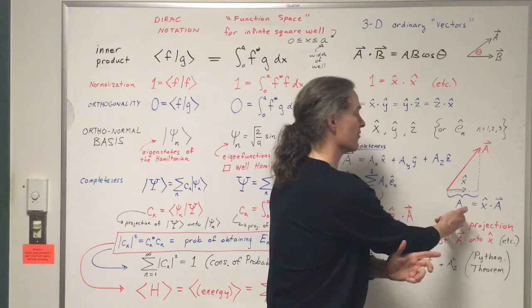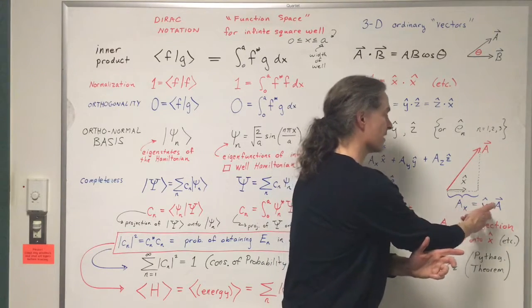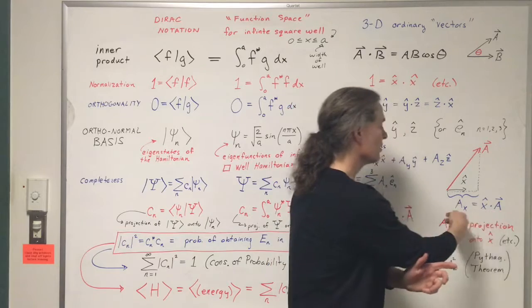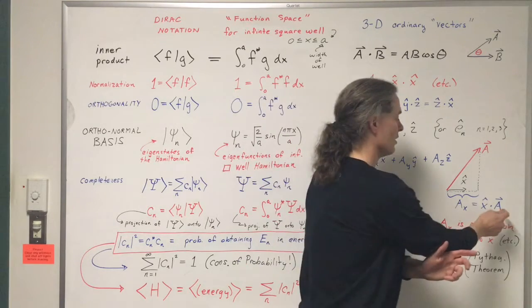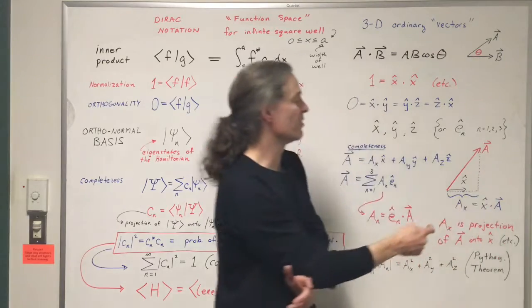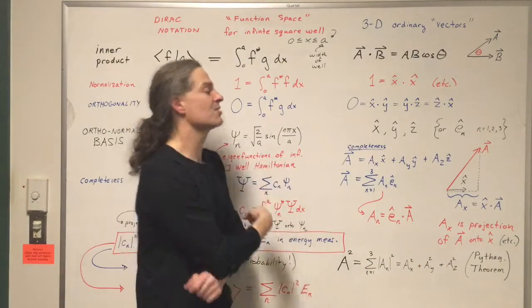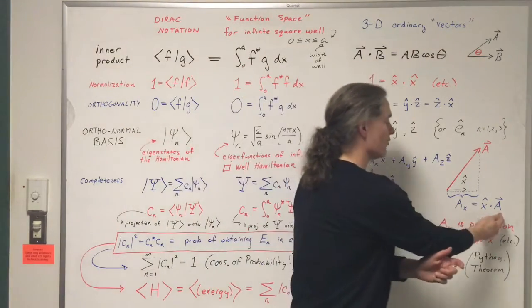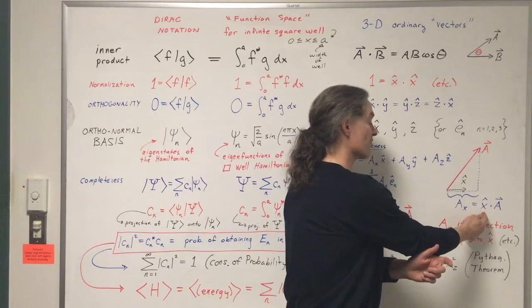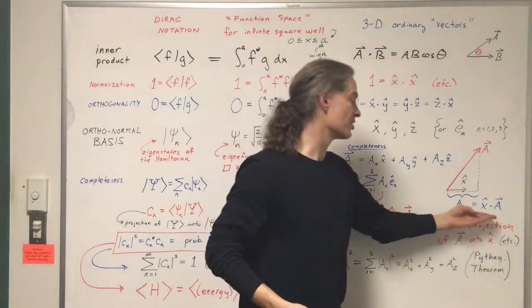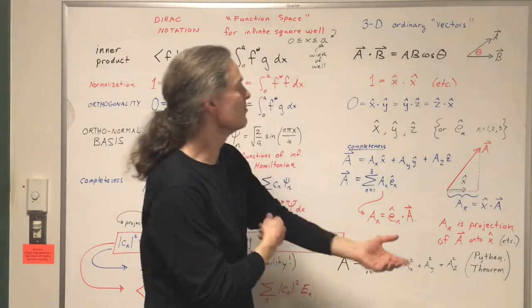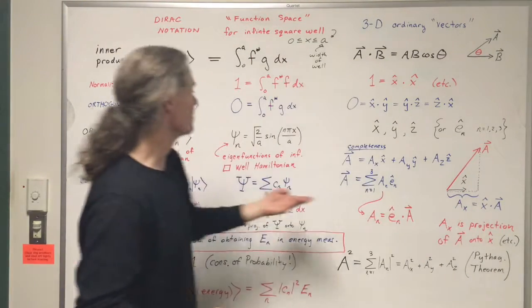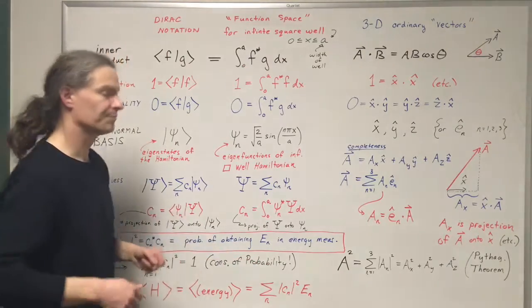A sub x is in fact the dot product of x hat and A, so this can be thought of as a way of representing the projection of some vector onto one of its basis vectors. That is, the projection of a vector onto one of its basis vectors can be represented as a dot product, which is a special case of an inner product. So maybe we can do a similar thing with these other systems, and we'll see that.